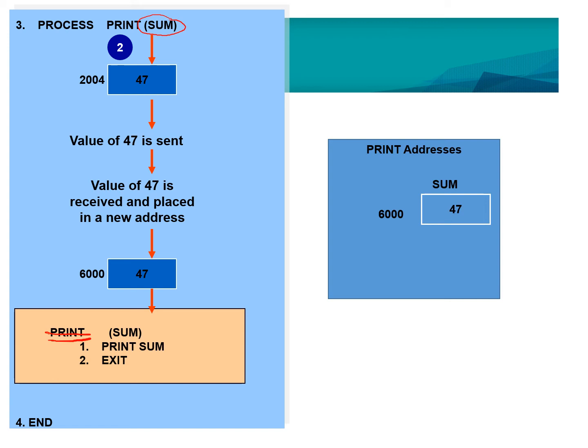In this print module, we will receive a copy of 47, instead of sending the address, because we are using call by value. So right now we have a variable without any asterisk symbol, 47 will be stored into this variable, and then at the end this will print out the output of sum.